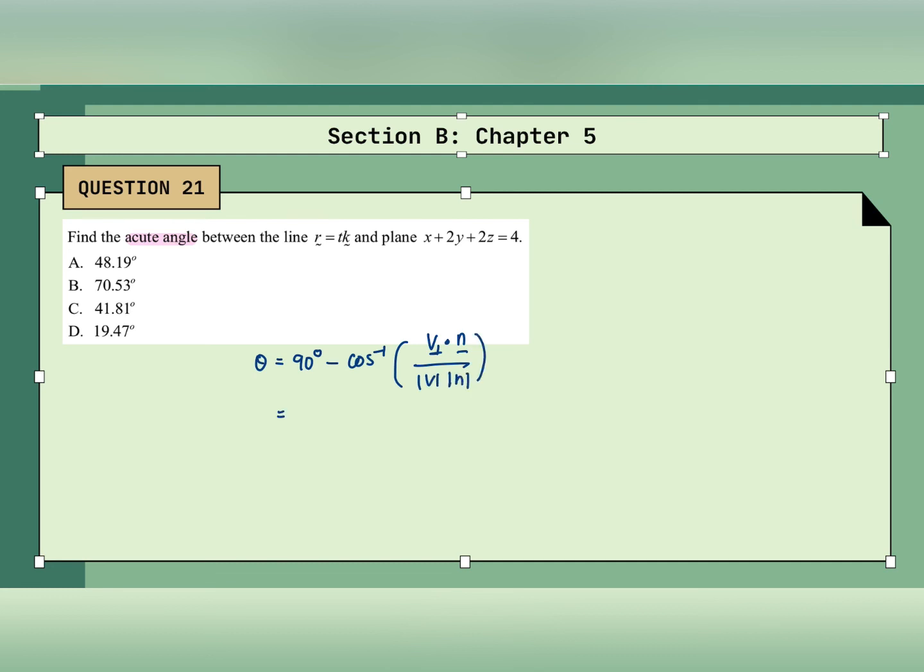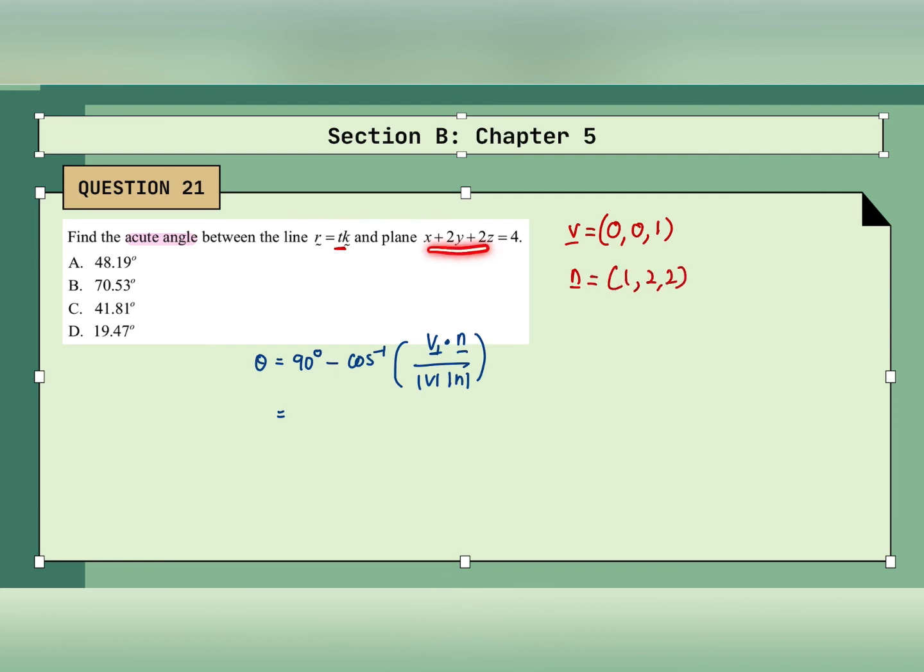Okay. So V kita apa? V is equals to here. Value of K sahaja yang ada. So 0, 0, 1. Okay. And then N kita adalah 1, 2, 2.